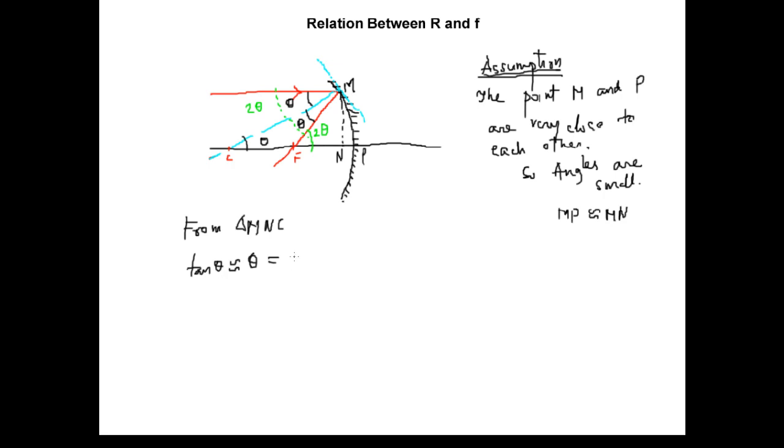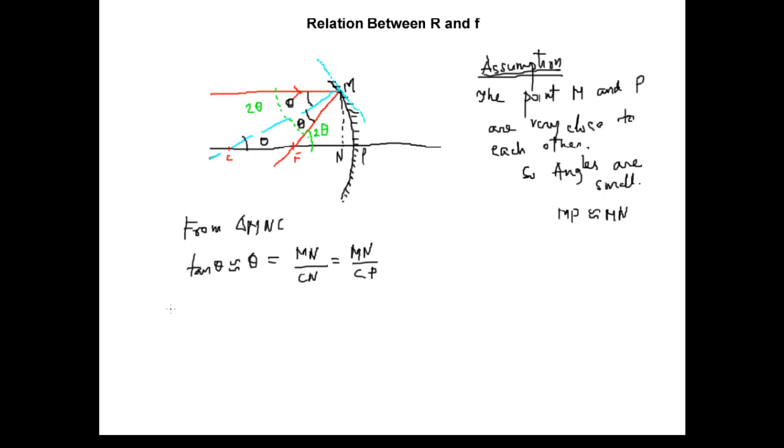So perpendicular would be MN by CN, which you can write as MN by CP.